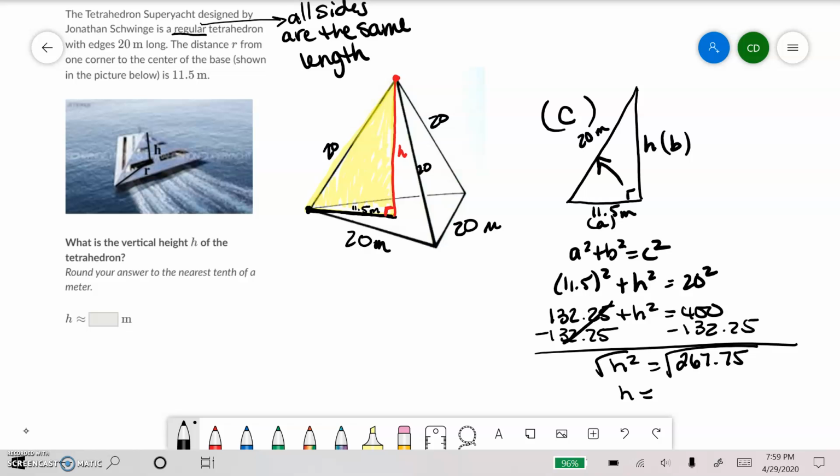So this is definitely going to be between 16 and 17, and since it's a little bit closer to 256, it's going to be closer to 16. So it is. It's about 16.363-ish, right? So if we had to round it to the nearest tenth of a meter, I would round it to 16.4 meters.